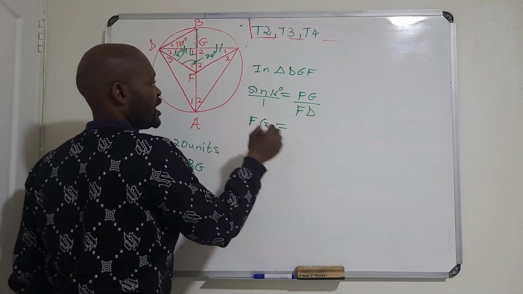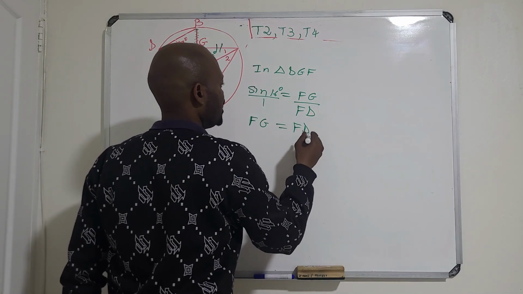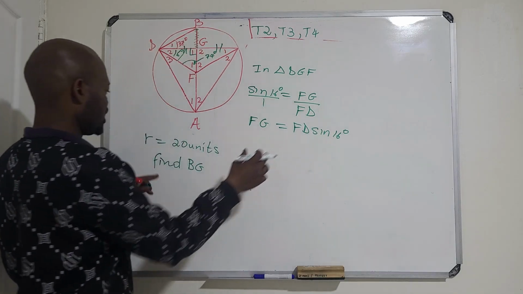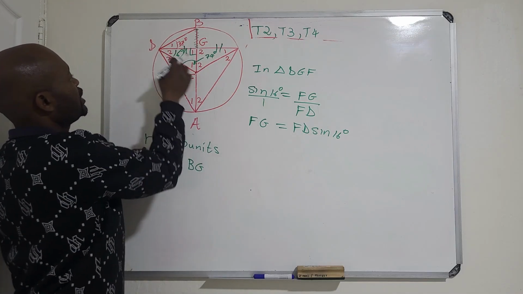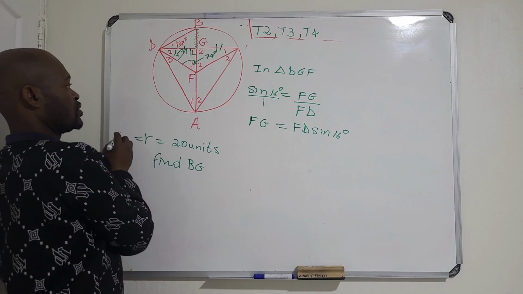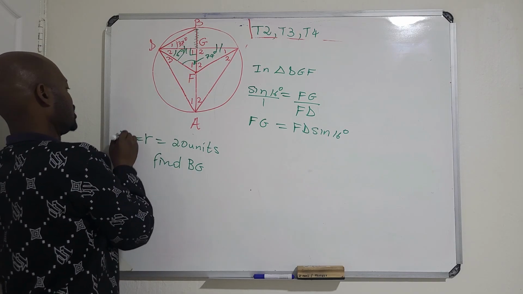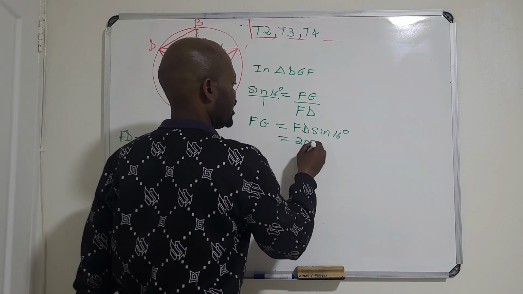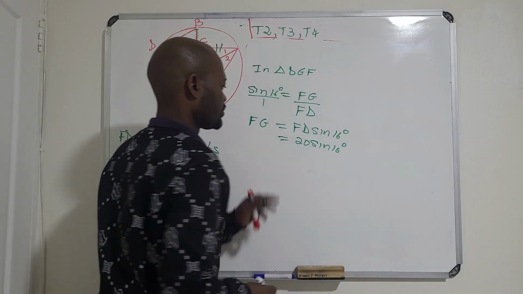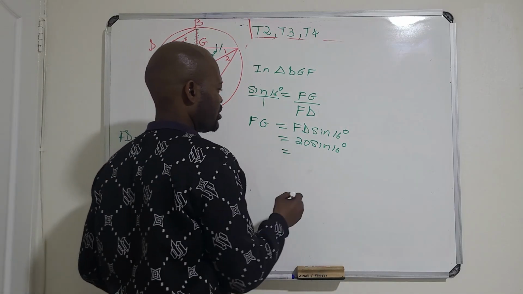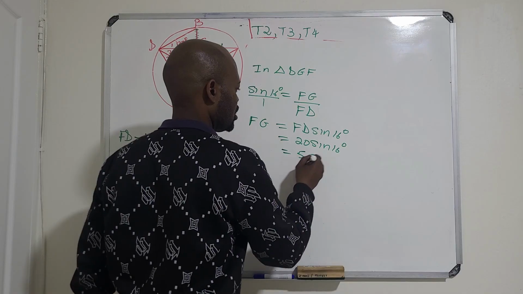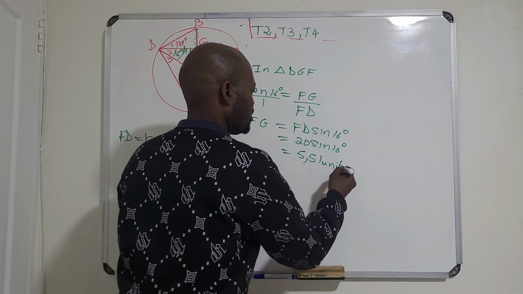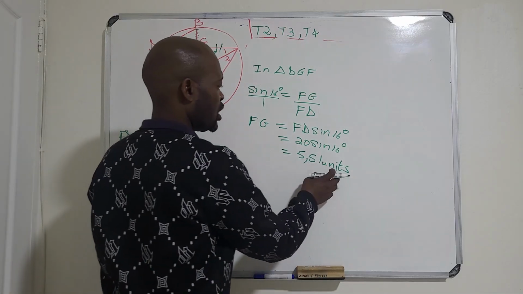This multiplied by that, I get FD sine 16 degrees. But we know FD is our radius. Now, we've got 20 sine 16 degrees. When we press the calculator, I think I remember it's about 5.51 units.